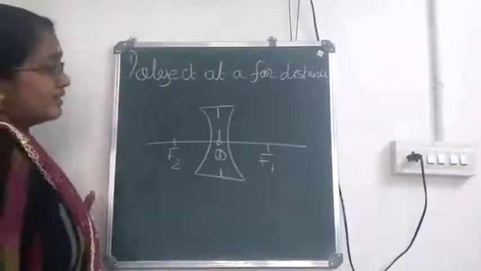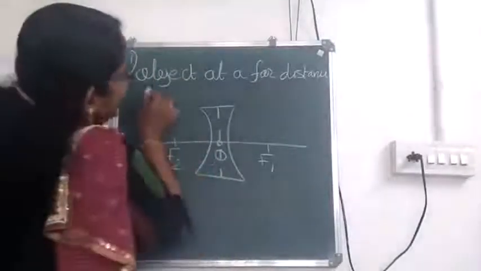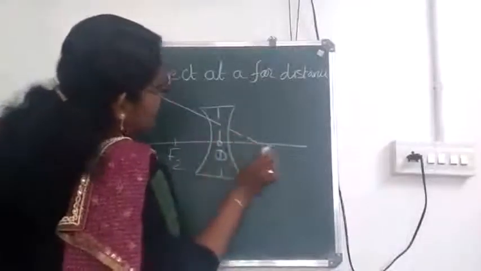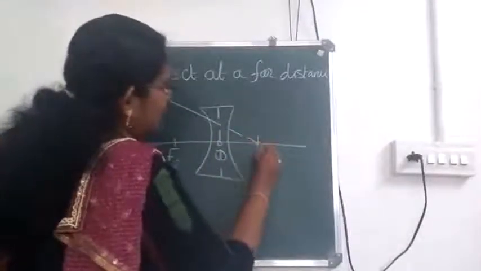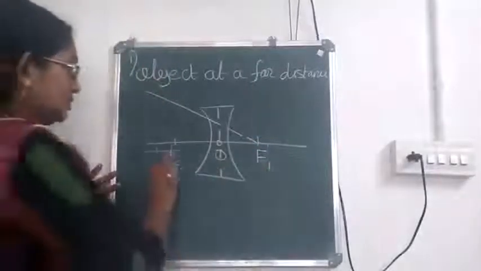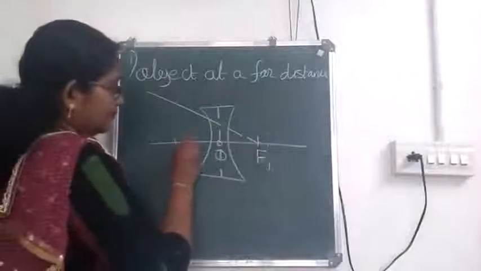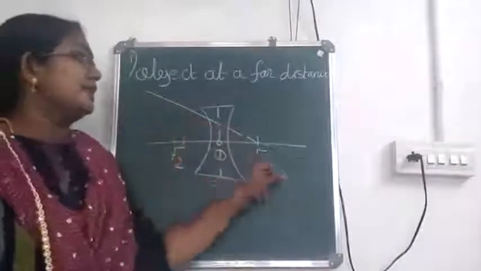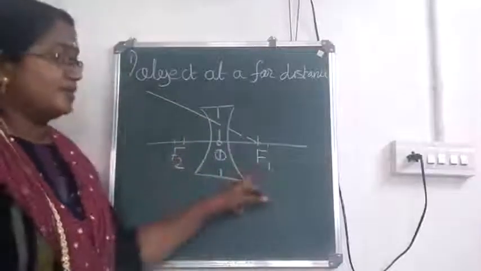Now, here the rays are coming parallel. First ray coming in the direction of the focus. So, I am shifting my focus here, okay. F1. So, let me shift this also. F2. So, a ray is coming in the direction of the focus. First focus.